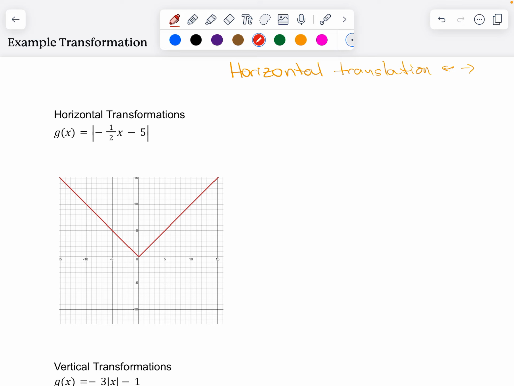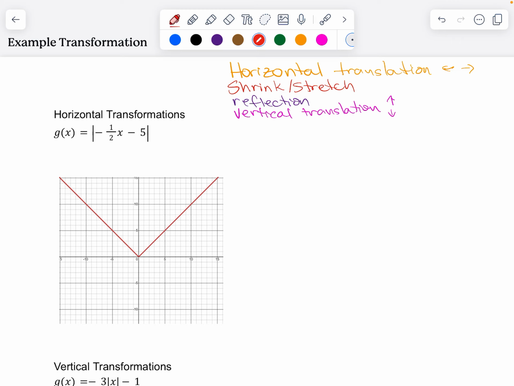Then we are going to do a shrink or a stretch. Then we are going to do a reflection. And last but certainly not least, we do a vertical translation. Okay, so that means up or down.